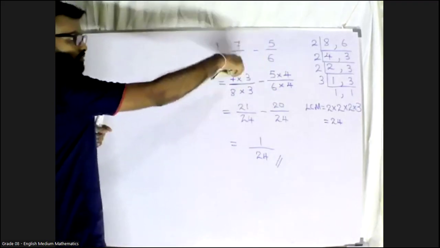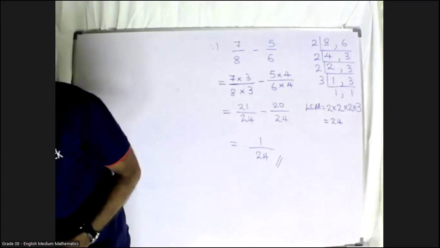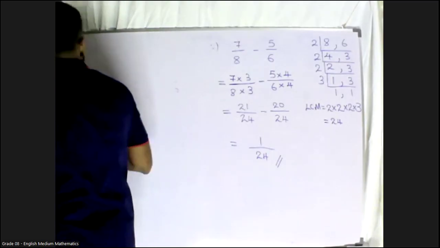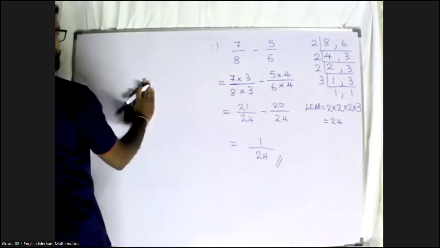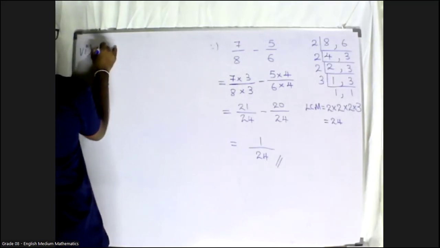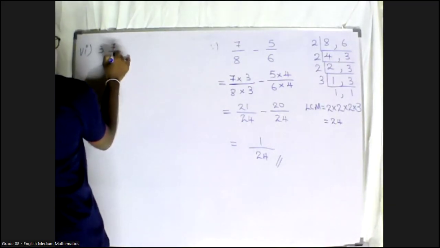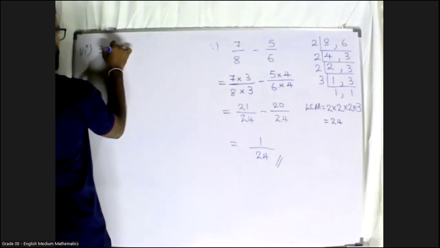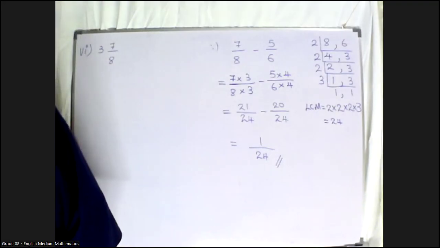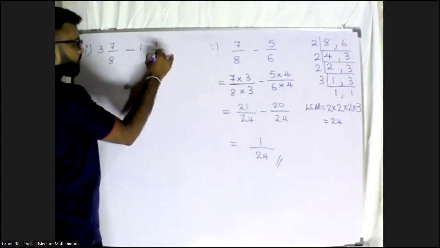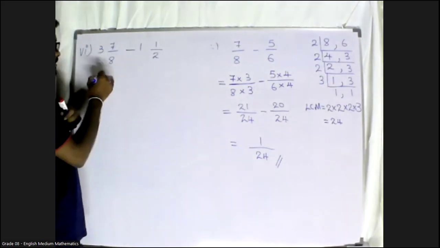If you want, you can write this down while I am writing the other. The 6th one is 3 and 7 over 8 minus 1 and 1 over 2.